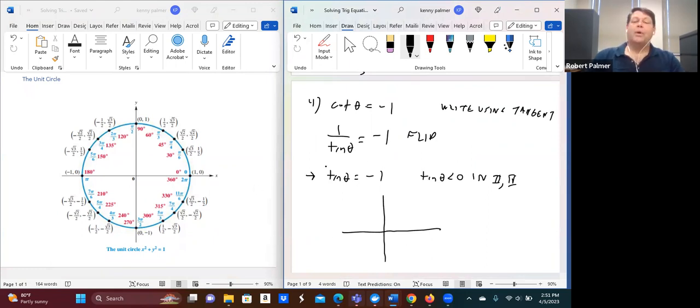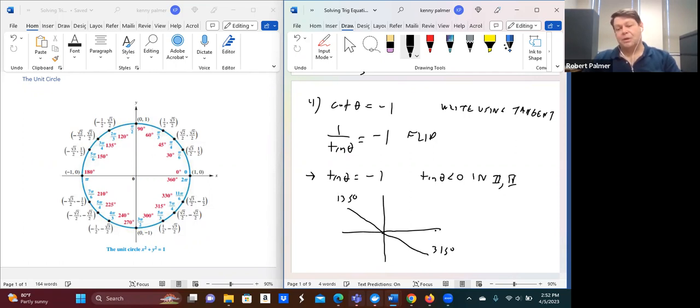Essentially where sine and cosine are the same except for opposite signs, in degrees that's 135 degrees and 315 degrees. You have one solution here that's 135 degrees, and here that's 315 degrees.